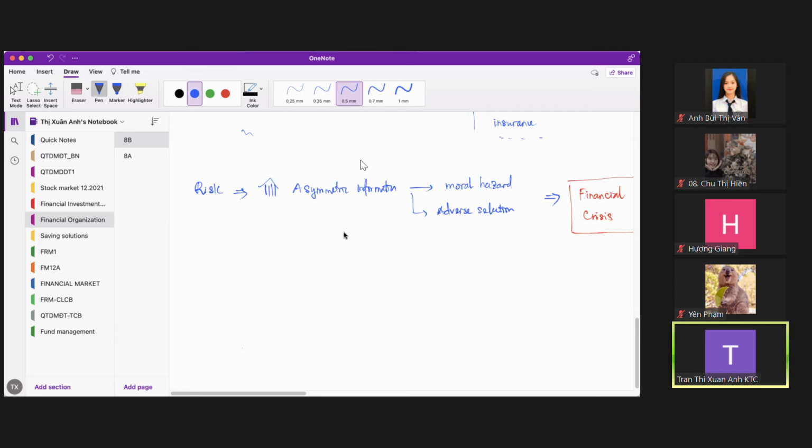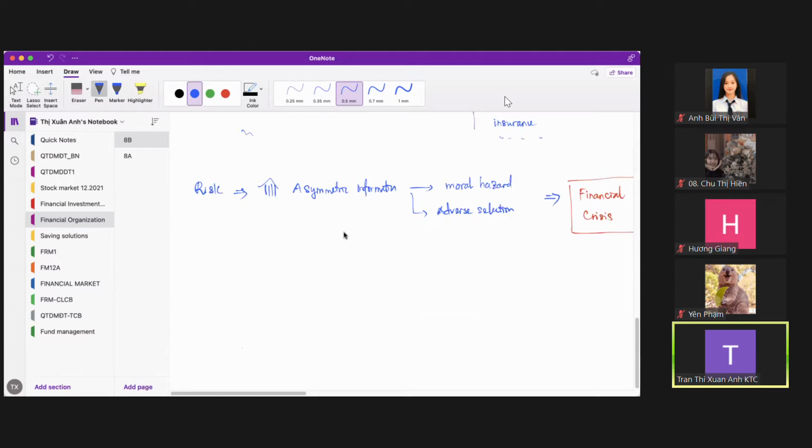Or different components of the financial system refer to the moral hazards and adverse selections. After that, I give you some case studies referring to problems that happened in Vietnam and international financial markets as well. I just give you some case studies referring to Enron or bank models, negligence, or some current case studies.